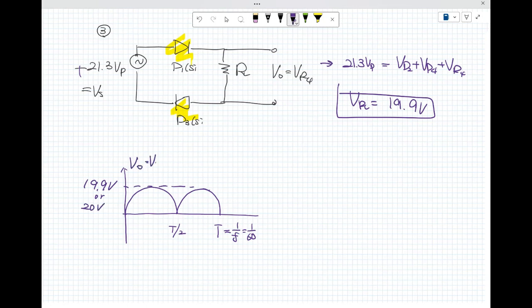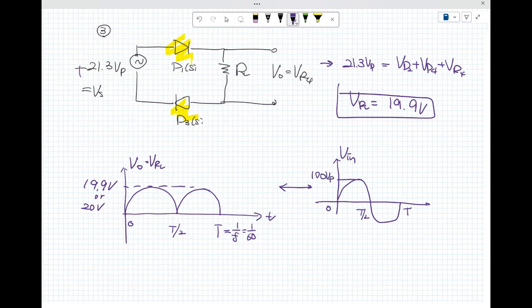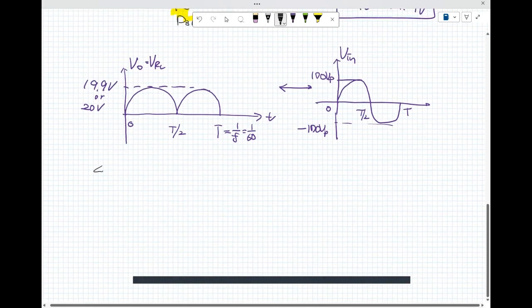This is V sub RL. This is the full wave rectifier. So this is what we have to do, okay? But the input is what? Like this one, input, okay? This is T over 2 and T. V sub in is 170 volt, minus 170 volt.